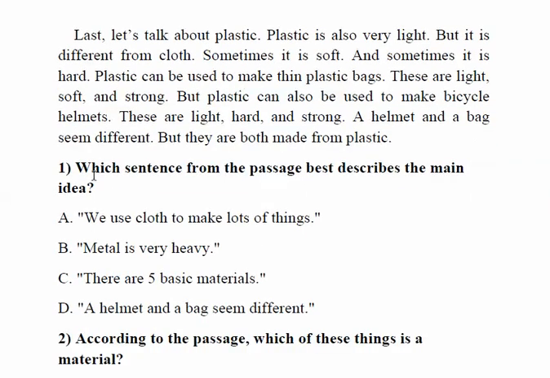Let's answer the following questions. Number 1: Which sentence from the passage best describes the main idea? A, we use cloth to make lots of things. B, metal is very heavy. C, there are 5 basic materials. D, a helmet and a bag seem different. The general idea here is number C: there are 5 basic materials.